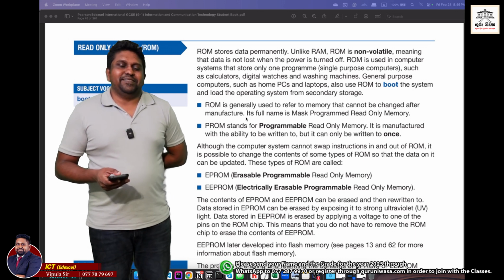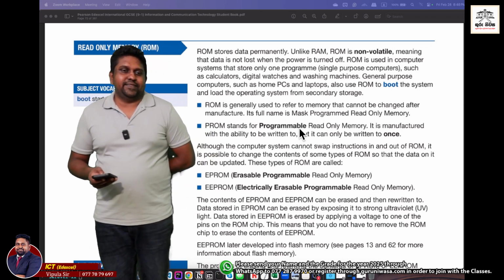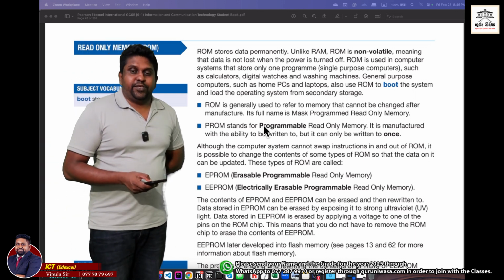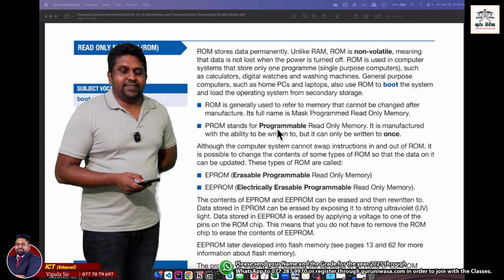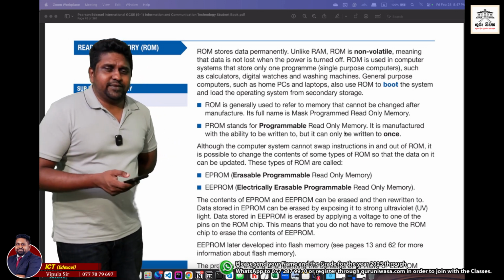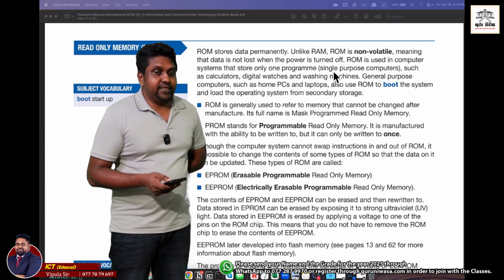These are known as PROMs. PROM means programmable read-only memory. Okay, learn the terms. If you have the book, please do highlight this as well.